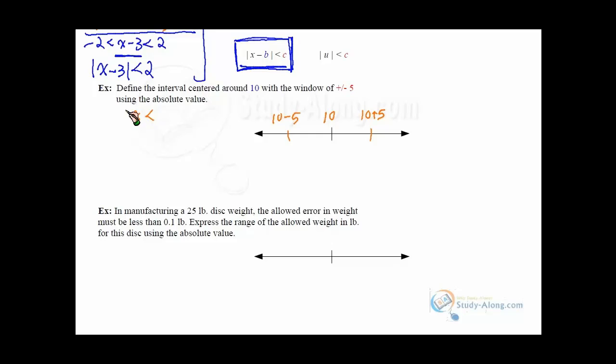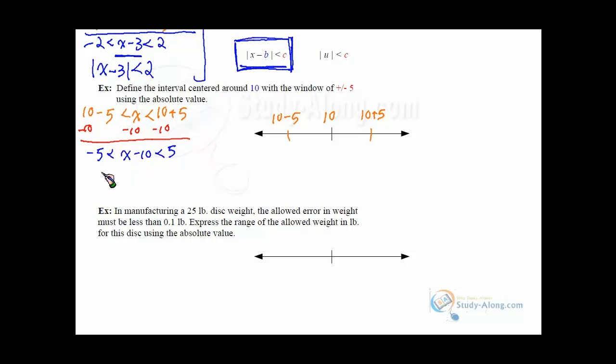X is bounded by what? 10 plus 5 or 10 minus 5. What's the common number here? It's 10. So let's just subtract 10 from all parts. And what you're going to get is minus 5 is less than x minus 10, less than 5.